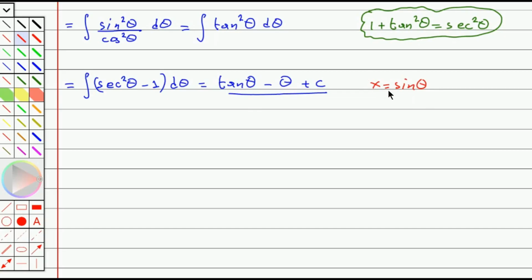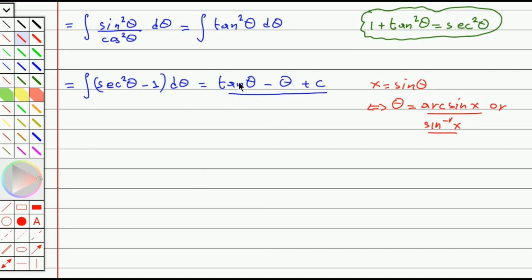Yes, but we can solve the substitution for theta by taking the inverse sine function and saying that theta is arc sine of x, or we can say sine to the negative 1 of x, which means the inverse sine, not 1 over sine.